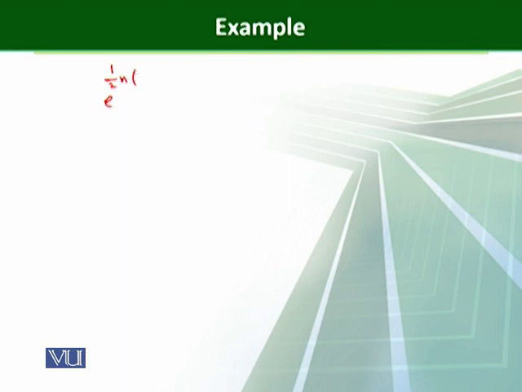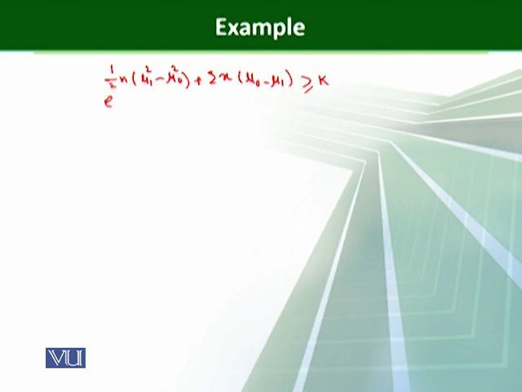n into mu 1 square minus mu naught square plus sum x into mu naught minus mu 1 greater than or equal to k.